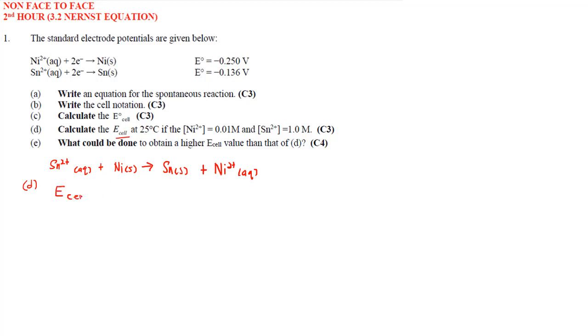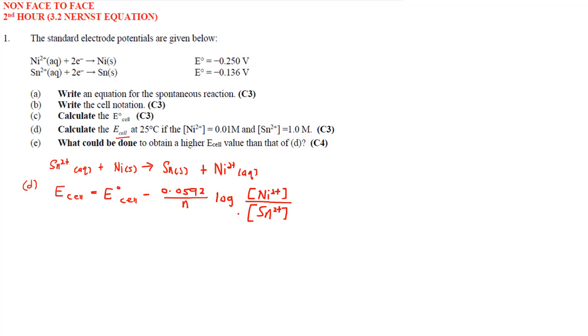Okay, E cell is equals to E naught cell minus 0.0592 over n, log concentration of ion in our product, which is Ni2+, over concentration of ion in our reactant, which is tin ion Sn2+.